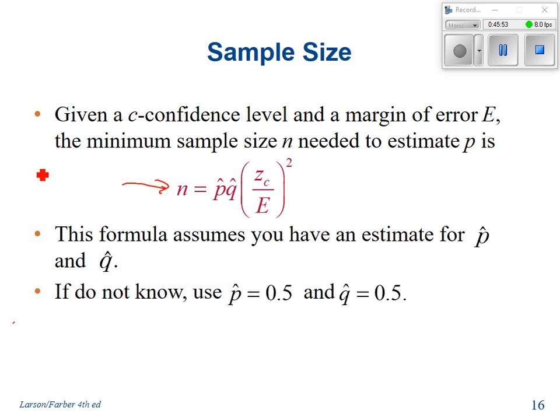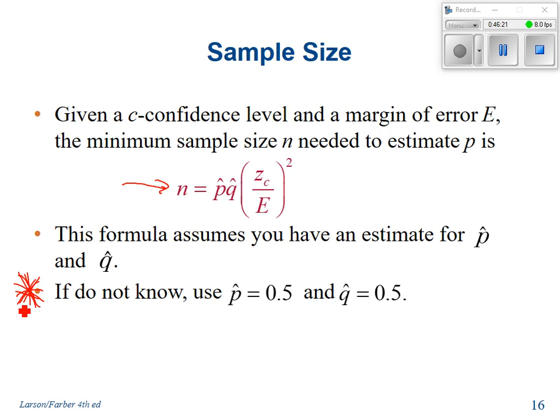This right here is very, very important, because most of the time, if we're just starting to do this, we will not know what P hat or Q hat is. Alright, so if we're going out today and we're going to take a sample of something, we're not going to know what P hat and Q hat is because we haven't done anything yet.